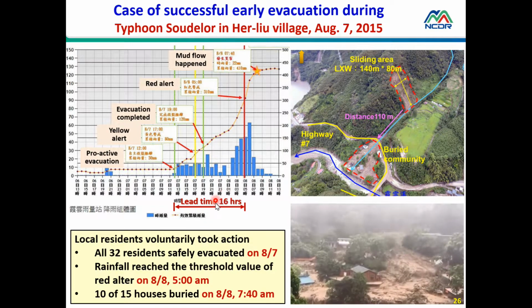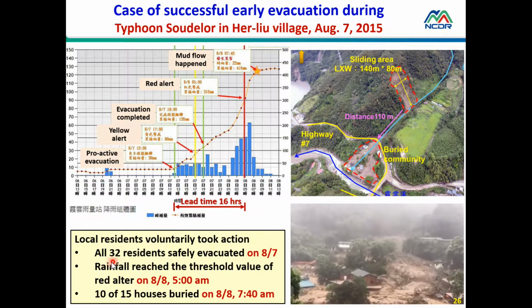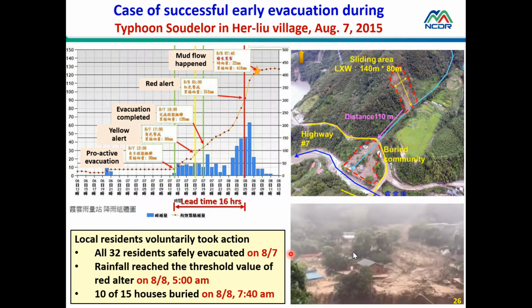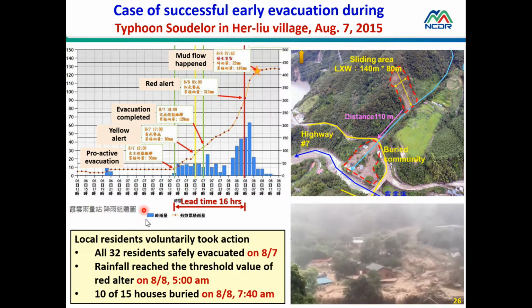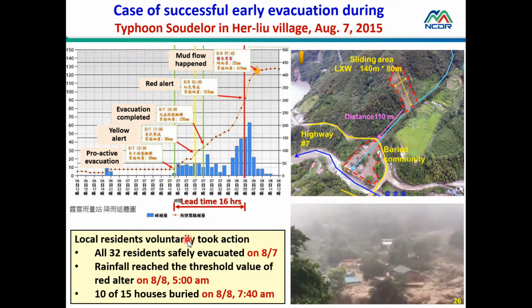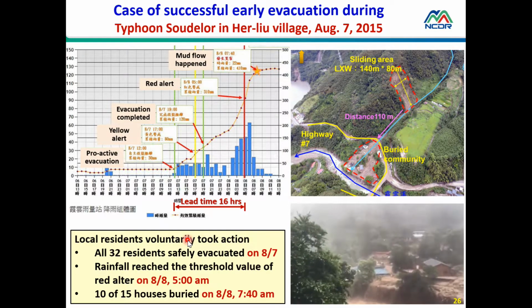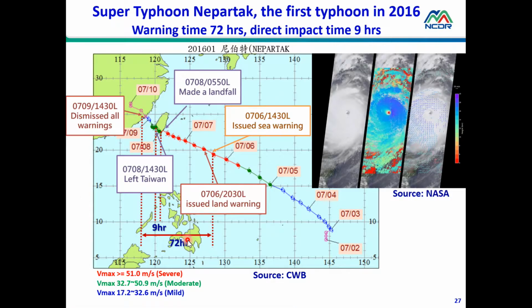So 16 hours ahead, all 32 residents safely evacuated to the shelter. This is another good story to show why smart response is so important.